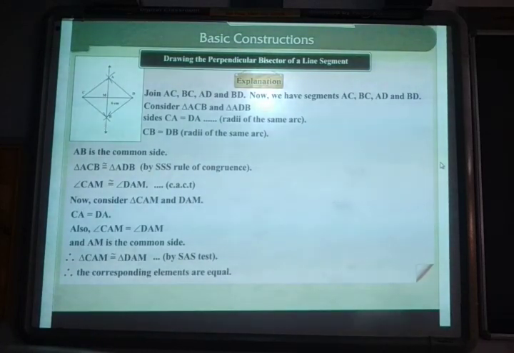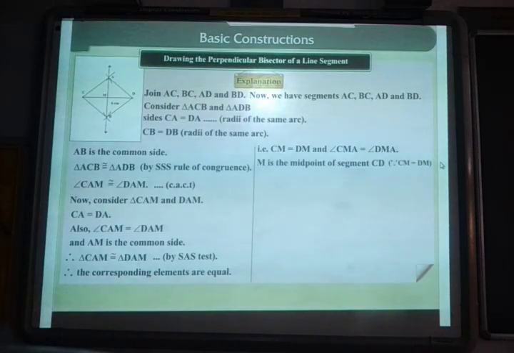Therefore, the corresponding elements are equal. That is, CM is equal to DM and angle CMA is equal to angle DMA. Since CM is equal to DM, M is the midpoint of segment CD. Now, the sum of the angles CMA and DMA is 180 degrees since they are the angles in a linear pair.